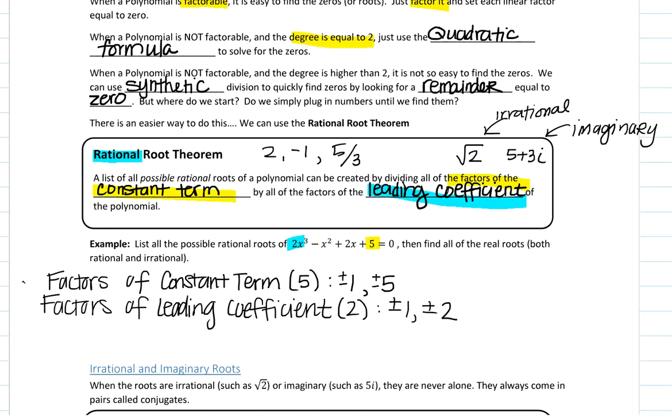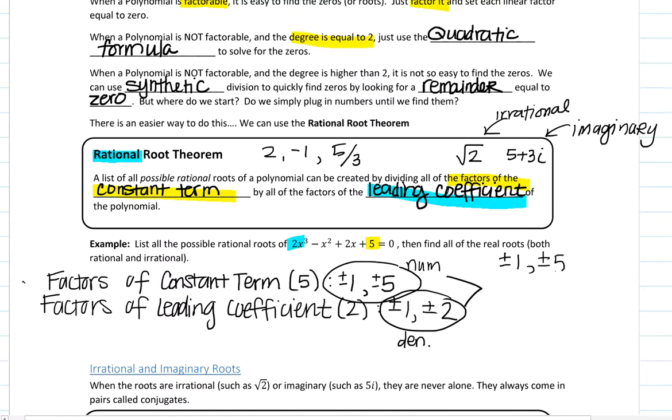So now we're going to divide these, because this is not our list. We're going to combine these lists. You want to take these as your numerators, and these are going to be your denominators. Let's just start by taking plus or minus 1 and plus or minus 5, and we don't have to repeat the plus or minus on the top and the bottom; that's redundant.